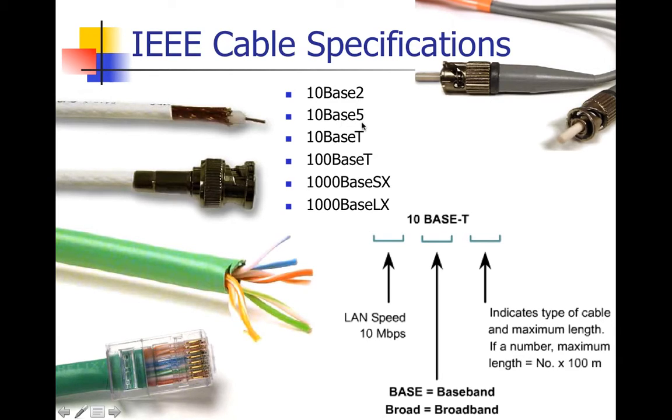So if it's 5, it's 500 meters, right? The L is used for fiber optics. So some of these are for the types of cabling that you're using as well.